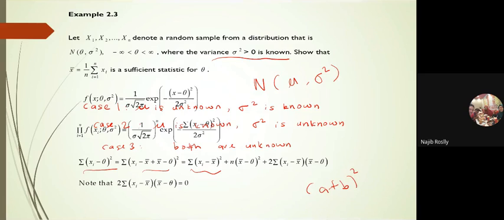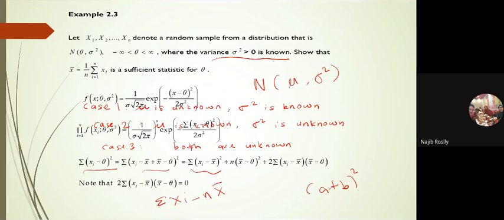We note that 2 summation (xi minus x bar)(x bar minus theta) equals 0, since summation xi minus n x bar gives 0. You can express x bar as summation xi over n, so that's why the n cancels out, and it will give you 0.